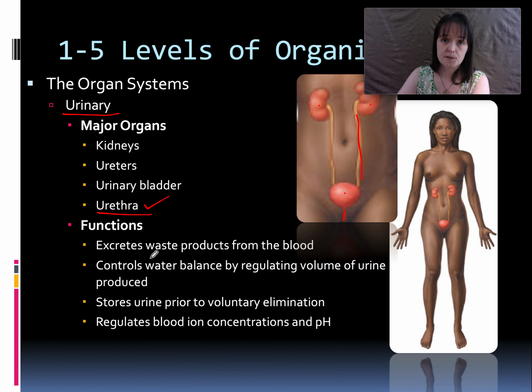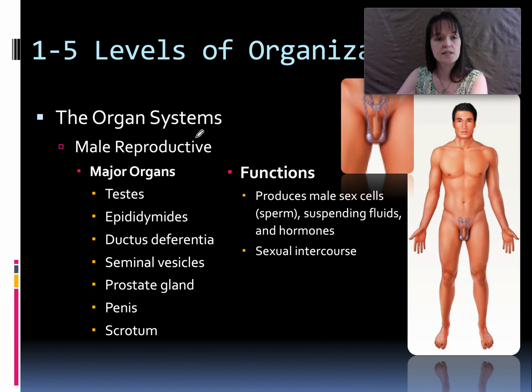It's all about filtering the blood. And that excretes the waste products from the blood, and it regulates the water, how much water gets urinated out and how much gets reabsorbed into the bloodstream. It stores the urine, which is handy, otherwise we'd be like peeing while we walk. And it regulates blood ion concentrations and pH next semester.